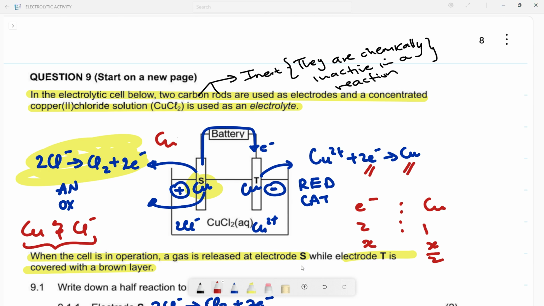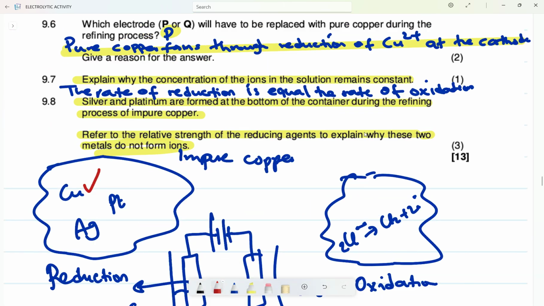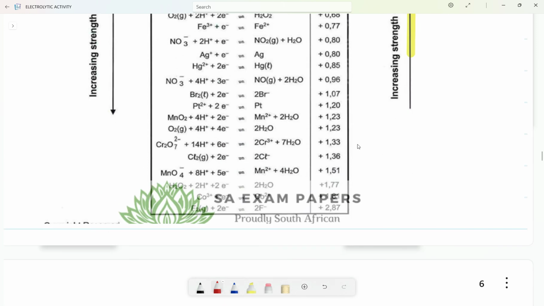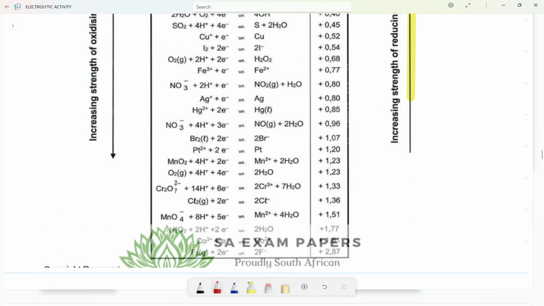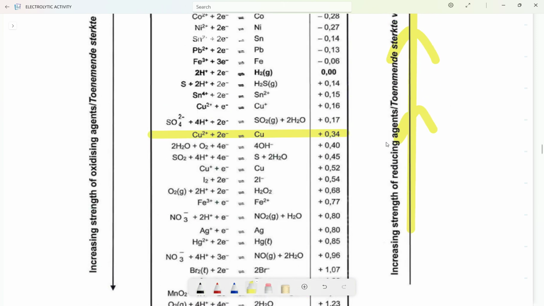We now go to our table and check between copper and Cl minus. Which one is the stronger reducing agent? Here is my Cl minus. And I see that the strength of the reducing agent increases as I go up.